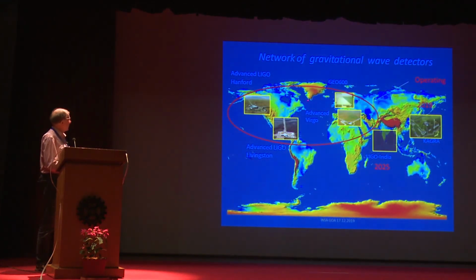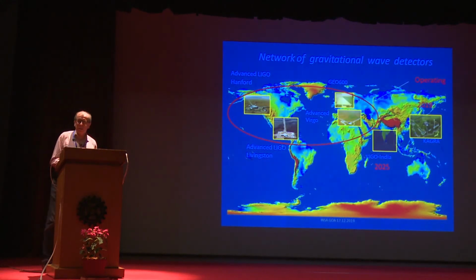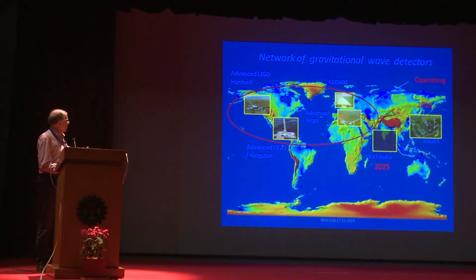These interferometers started to operate in the early part of this century, but initially the sensitivity was not enough. There was a painful process lasting over 10 years of improving the sensitivity and upgrading them, and eventually the so-called advanced detectors started to work. And this led to the detection of gravitational waves, something that I will give details about later on.